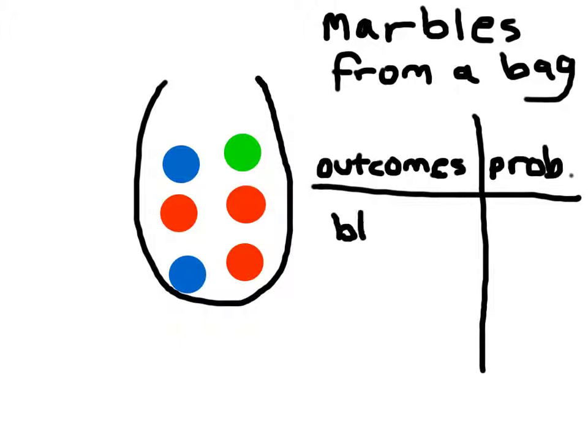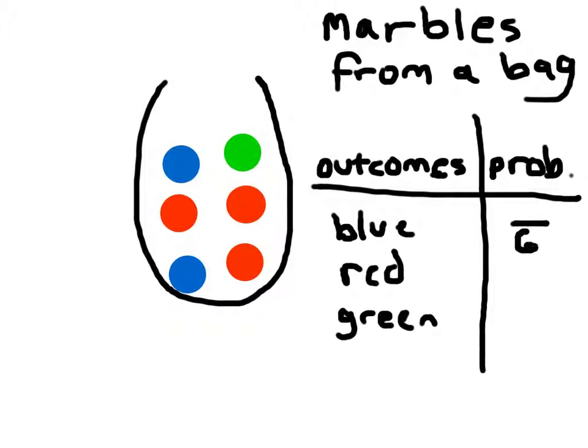We can either get a blue marble, a red marble, or a green marble. Now for the probability of the blue marble. To express that as a fraction, we have to count up the number of marbles in the bag first. So there's 1, 2, 3, 4, 5, and 6, and that number is going to be in our denominator.